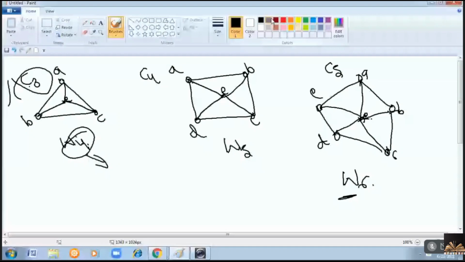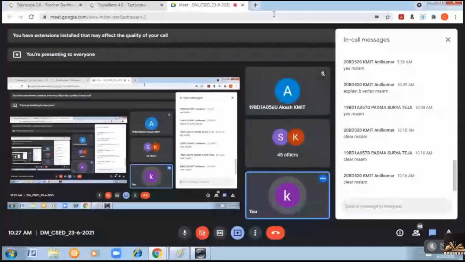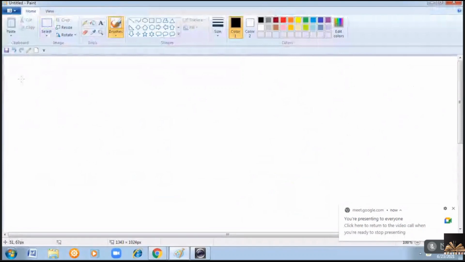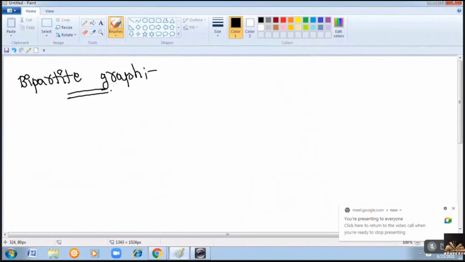Next important one is the bipartite graph. The next type of graph is the bipartite graph. It is an important one. If there is a graph G with V comma E, set of vertices and edges, right?